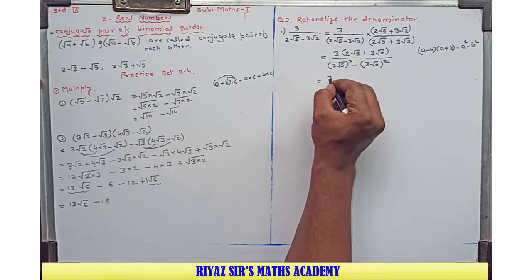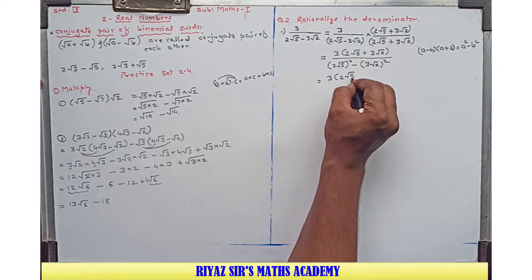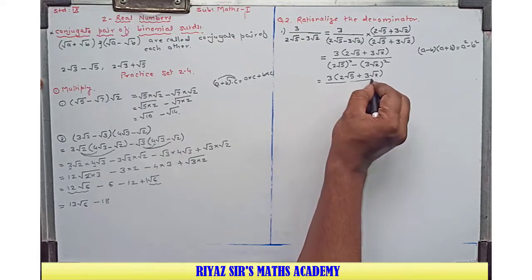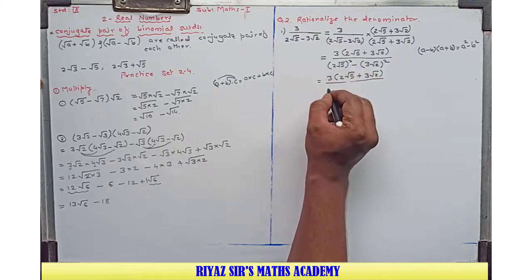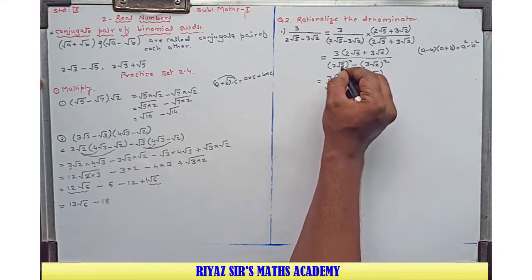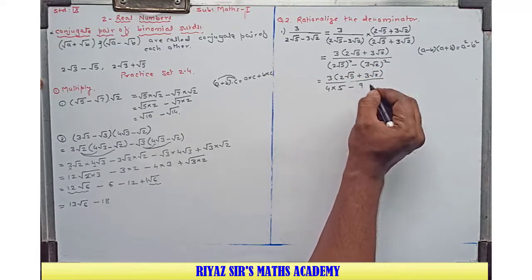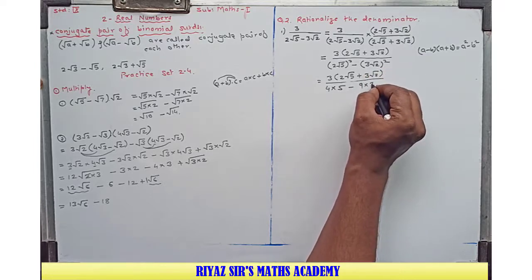That is equal to 3 into bracket 2 root 5 plus 3 root 2 divided by, now here 2 square is 4 into root 5 square, that is 5 only, minus 3 square is 9 and root 2 square is 2 only.